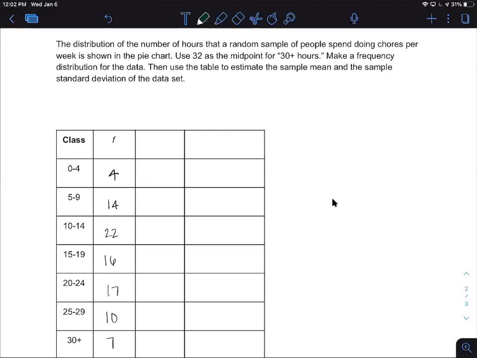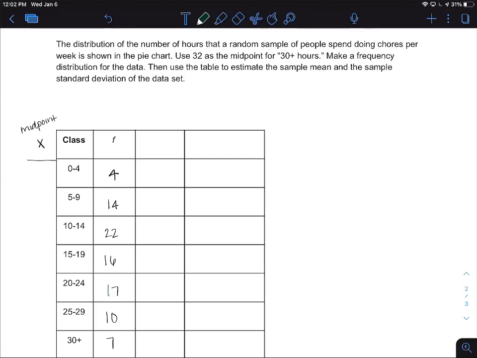All right. So then we're going to go through and do the same thing we've been doing. So instead of using the class to find that distribution, we want to find our midpoint. Remember we're adding the lower and the upper together, divide by 2.